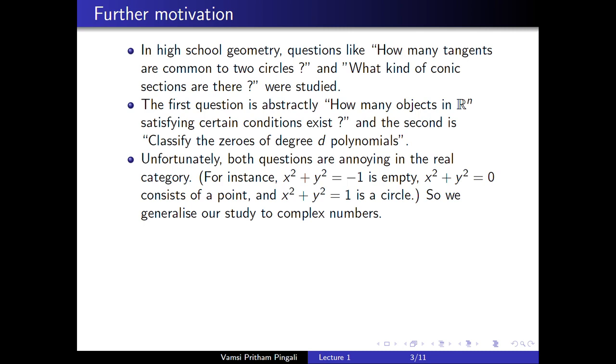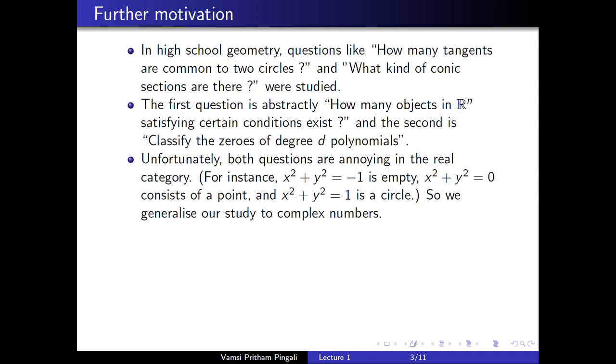Now this is cheating. The really interesting question, something that even Euclid would have been interested in, is the real version of these questions, but it is hard to answer them. So we make a compromise by studying similar questions with complex numbers.